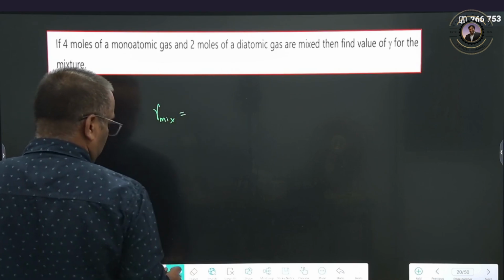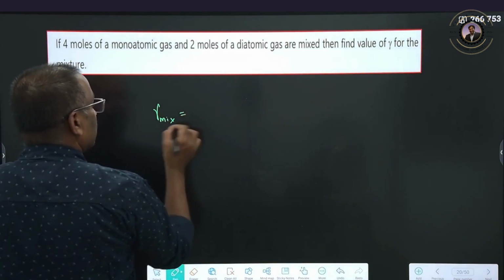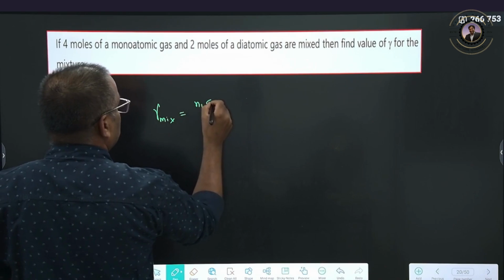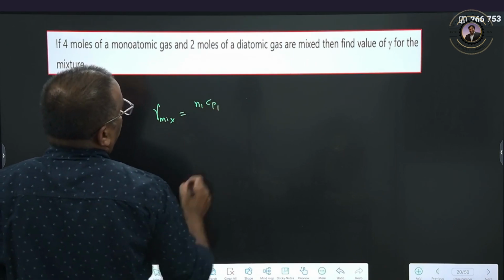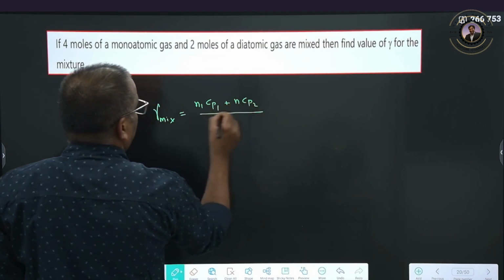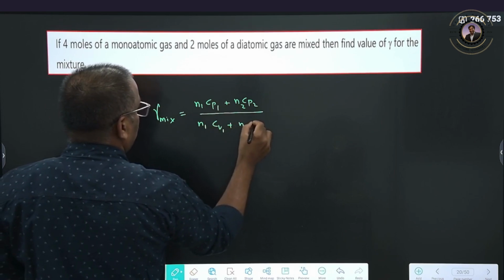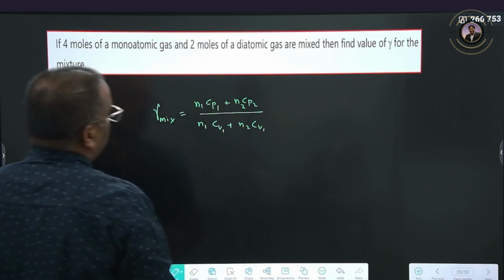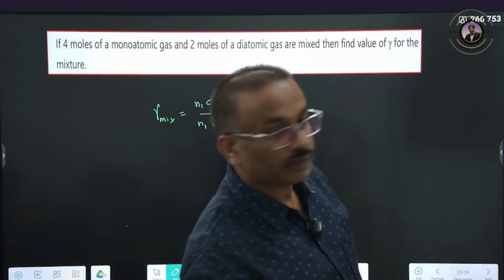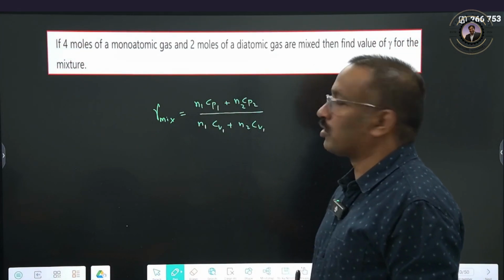So gamma of the mixture is nothing but Cp by Cv, therefore N1 into Cp1 plus N2 into Cp2 by N1 Cv1 plus N2 Cv2. So this is the value, and you can solve it now.